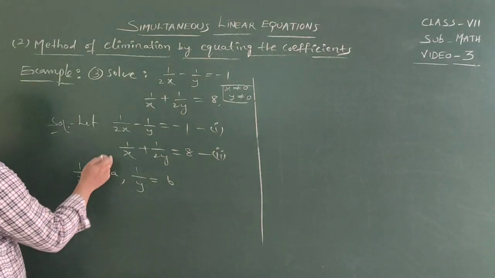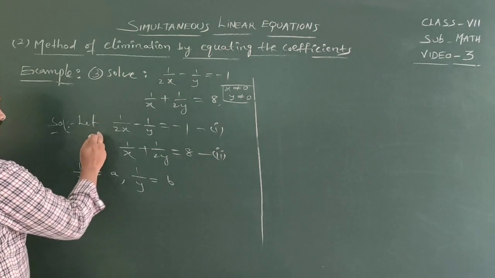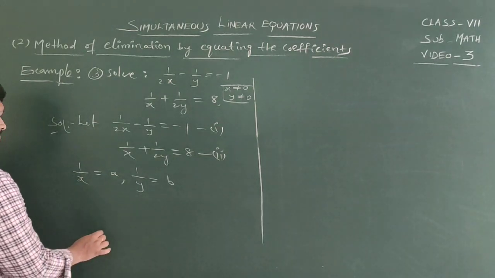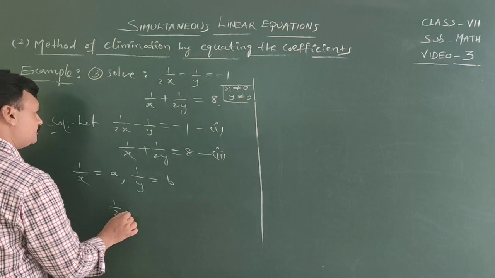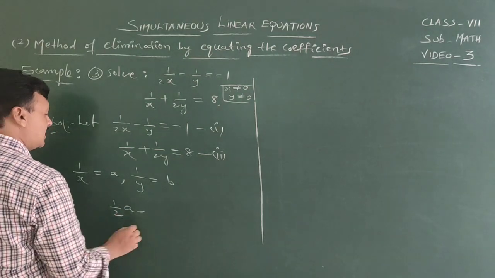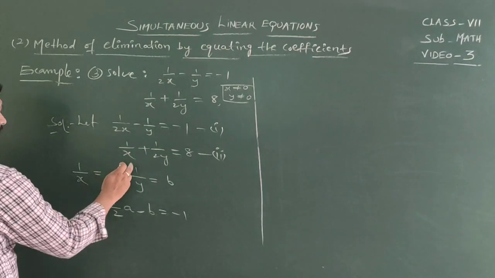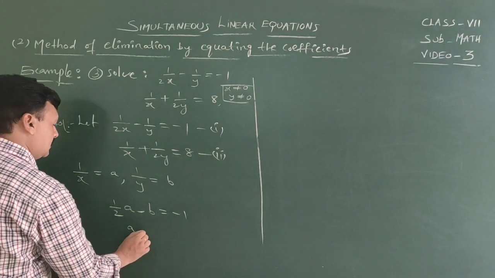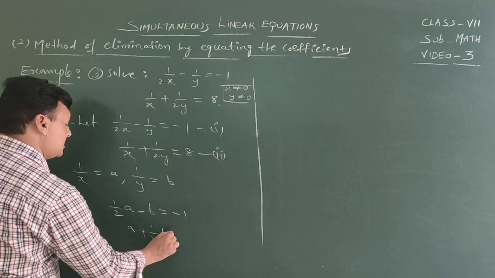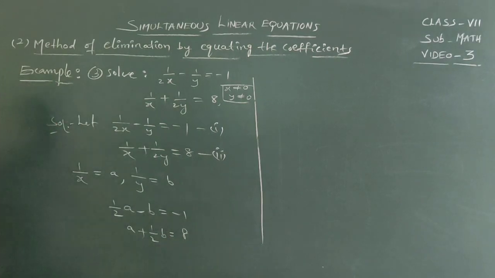Now the equations become 1 by 2 a minus b equal to minus 1, and a plus 1 by 2b equal to 8.